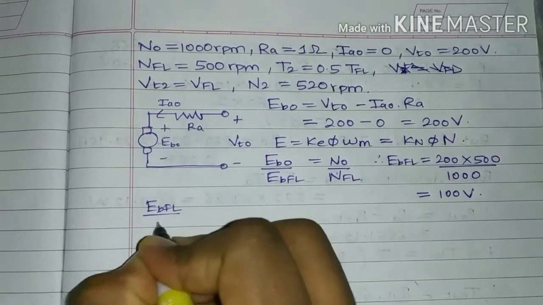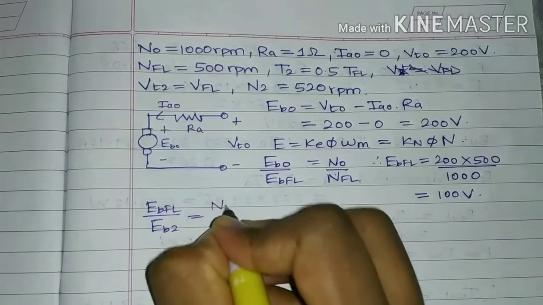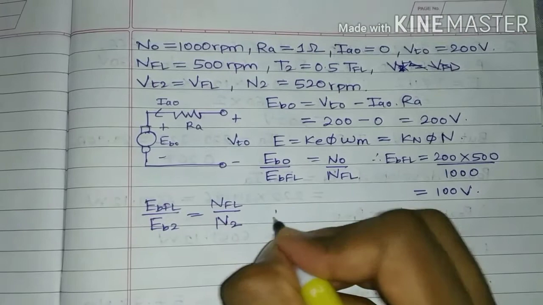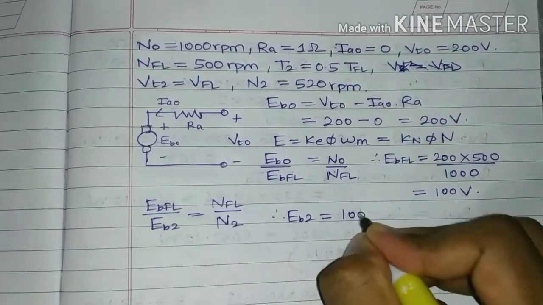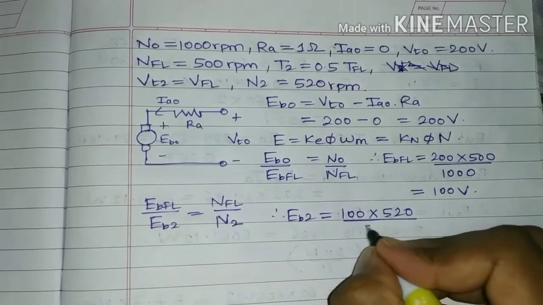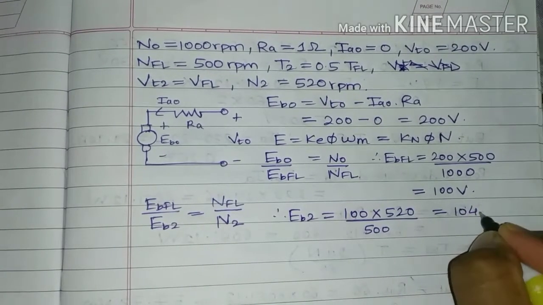Now EBFL upon EB2 is equal to NFL upon N2. Therefore EB2 will be equal to 100 into 520 divided by 500, which turns out to be 104 volts.